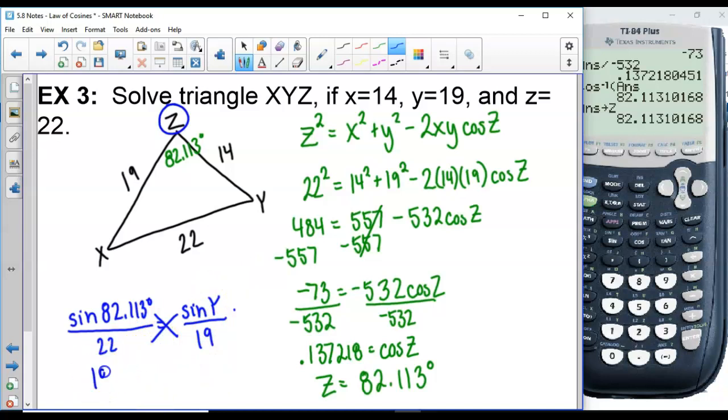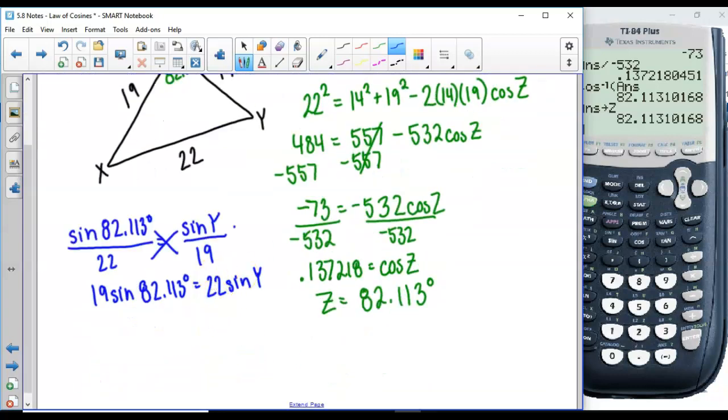We'll have 19 sine of 82.113 equals 22 sine y. We would have to divide by 22.